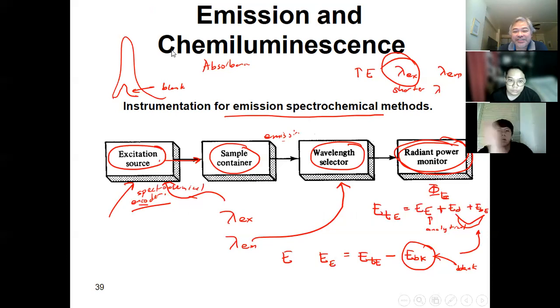Yung problema namin sa emission, lagi yung water. Laging may Rayleigh scattering. Tapos pag fluorescent yung sample mo, okay lang. Minsan, pag weak yung fluorescent niya, mas weak din yung Rayleigh scattering mo.